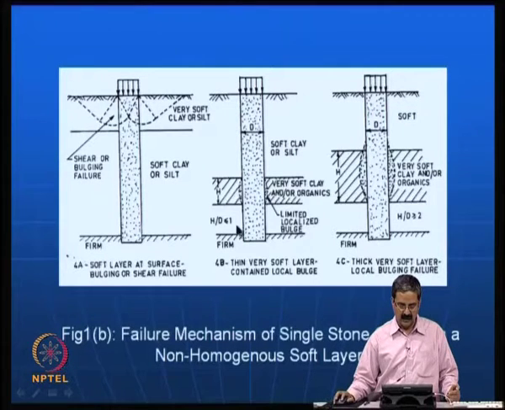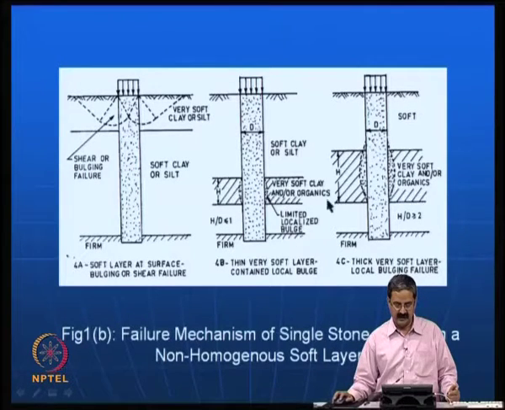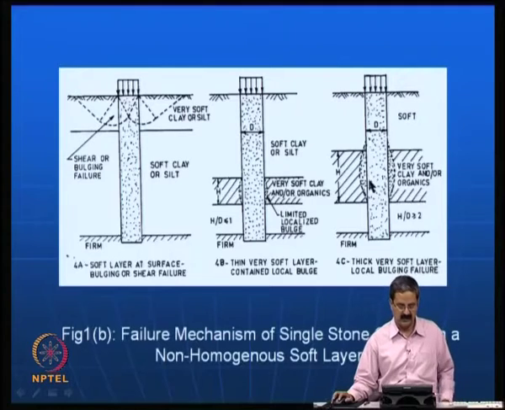So if d is the diameter and h is the height, there are some possibilities like this which can occur. So this is one, h is the thickness of the clay layer. Say for example, h by t is less than or equal to 1, the bulging is here, then it could be a little larger also, of course.